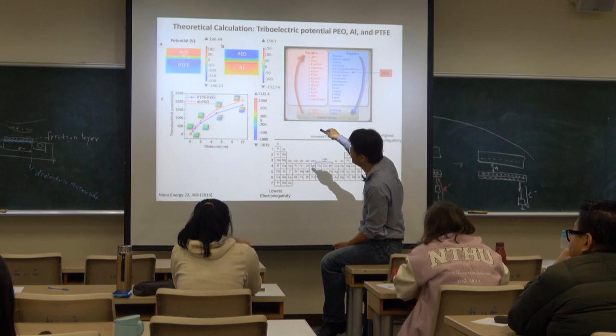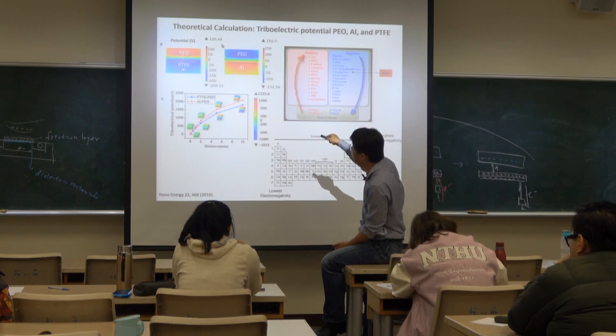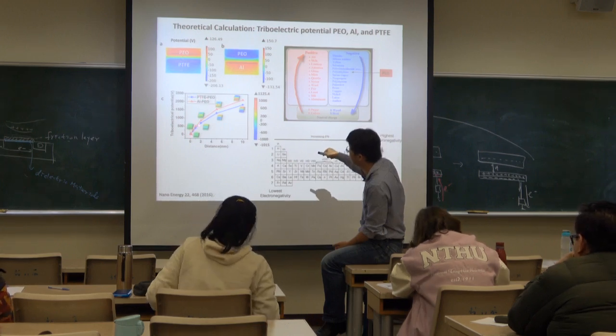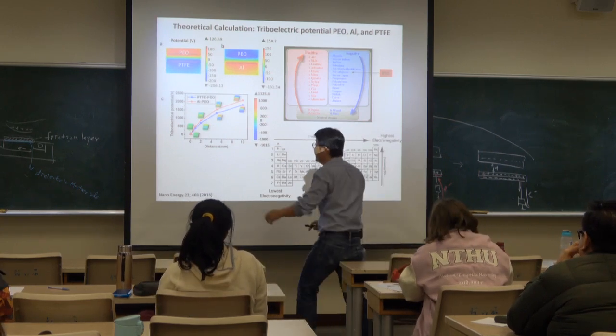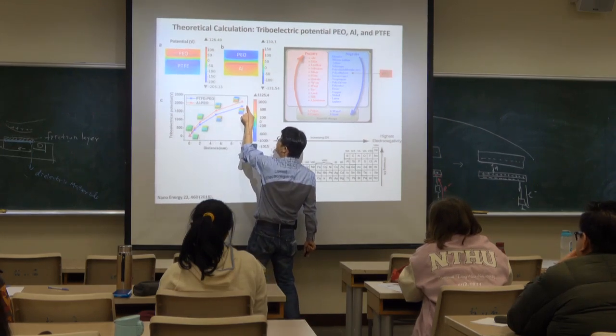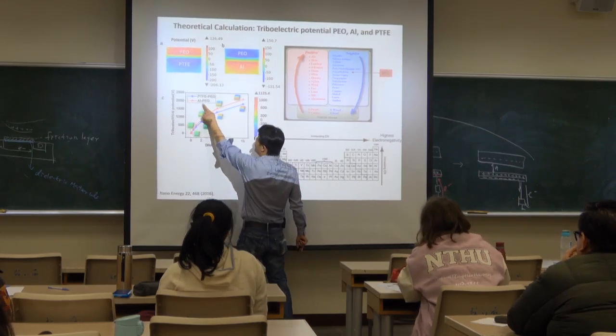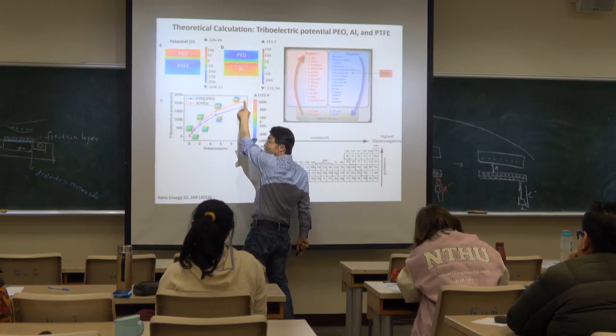Blue color is negative charge, but the PO is a positive charge. So PO versus Teflon will be blue color, right here. And then red color, alumina and PO, will be right here.